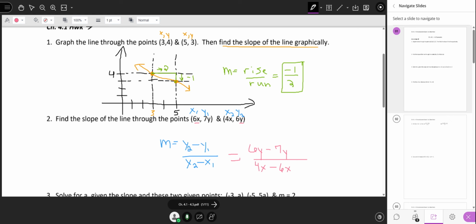Then you simplify. 6 minus 7 is -1. Keep the y. 4 minus 6 is -2. Keep the x. Negative divided by negative, chop. So the only thing you can simplify here is the negative signs. Keep that as y over x.